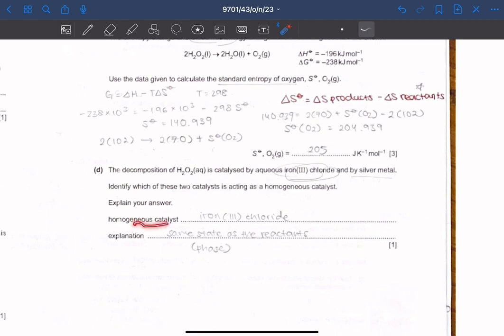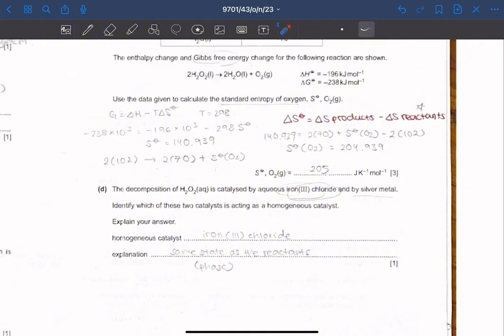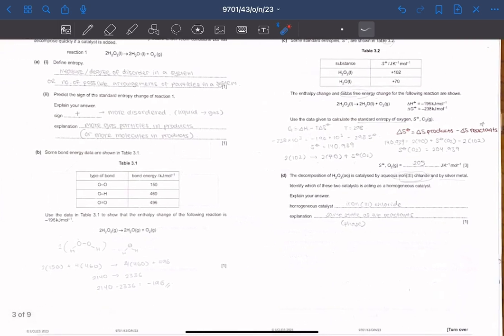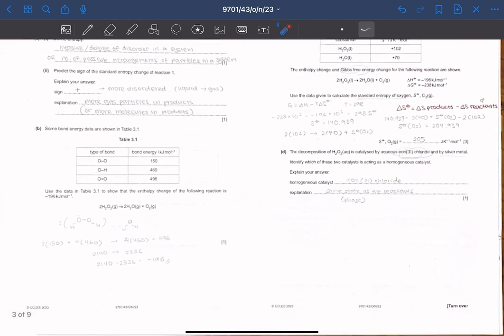So homogeneous catalyst in here is the aqueous iron III chloride, and the explanation is because it is the same state as the reactants in the equation, or same phase. This is because silver metal has a state of solid. Iron chloride could be aqueous or liquid. And in here, the reactant hydrogen peroxide is at liquid state. So iron III chloride matches the state of H2O2, and therefore it is the homogeneous catalyst.